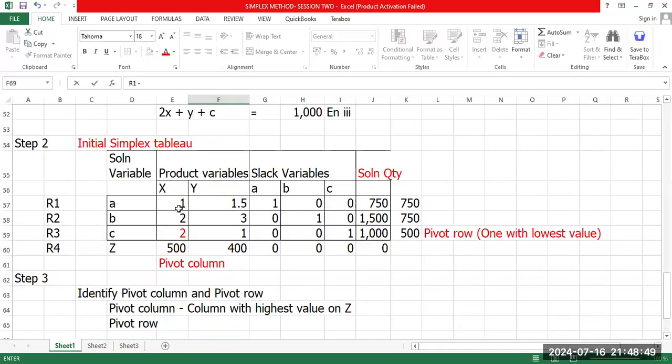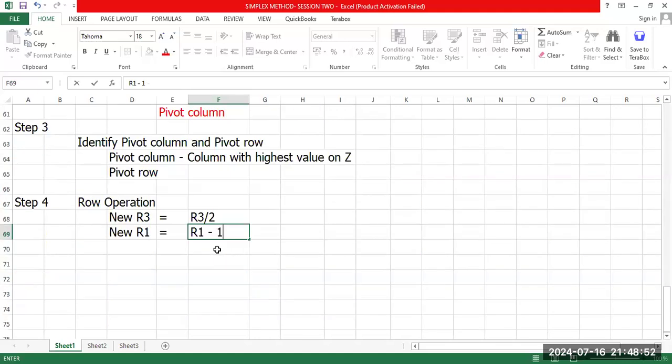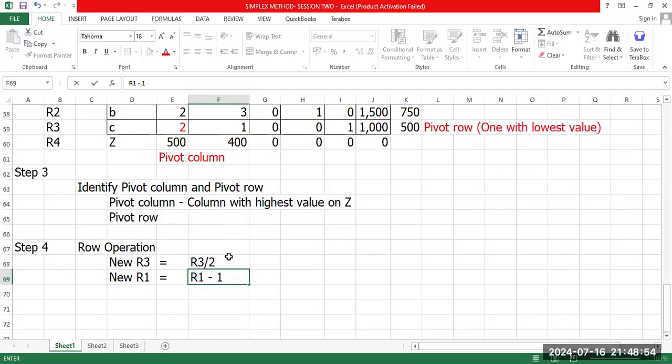The figure we want to change, I assume it is 1. Then times your pivot row, which is new row 3. Always understand it clearly that we get the row we want to change, minus the figure we want to change, times your pivot row.